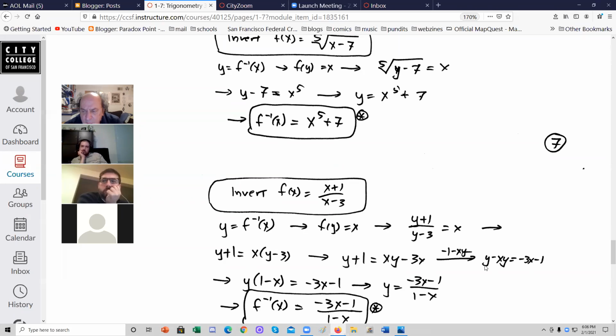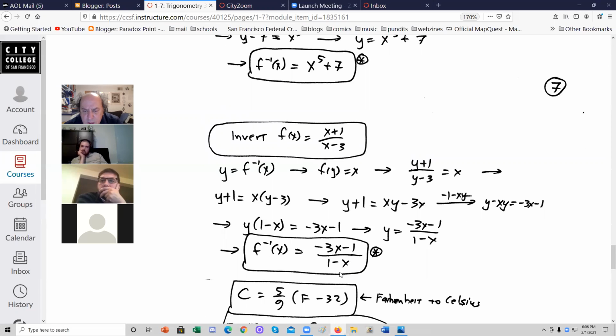And you get y minus xy on the left equals minus 3x minus 1 on the right. Here we have y in both these terms, so we factor it out. y times (1 minus x) is equal to minus 3x minus 1. Divide by 1 minus x, I get y equals (minus 3x minus 1) over (1 minus x). And that is the inverse function to this.